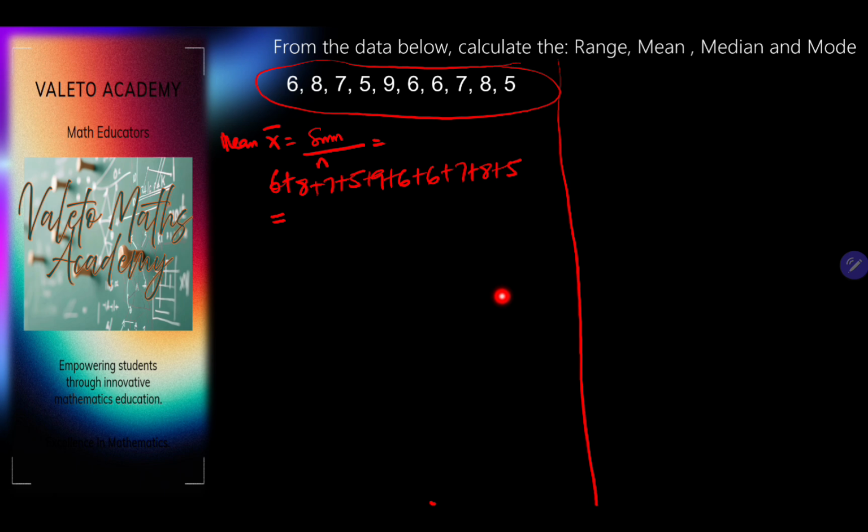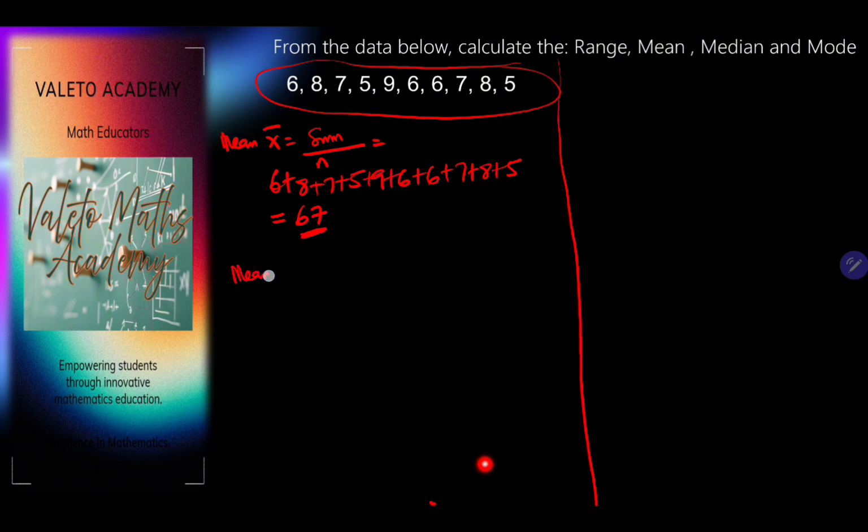And this will be equal to what? 6 plus 8 is 14, 14 plus 7 is 21, 21 plus 5 is 26, 26 plus 9 is 35, 35 plus 6 is 41, 41 plus 6 is 47, 47 plus 7 is 54, 54 plus 8 is 62, and 62 plus 5 is 67. Okay, so we have the sum.